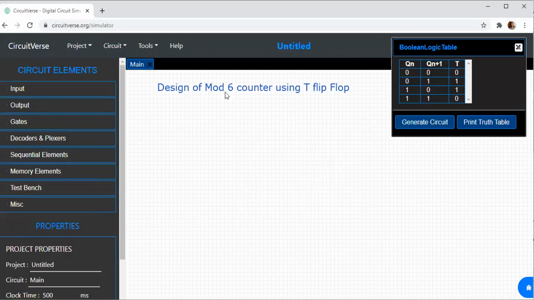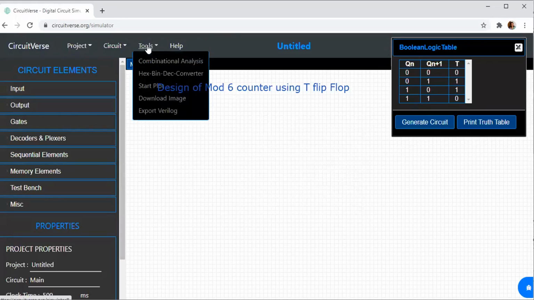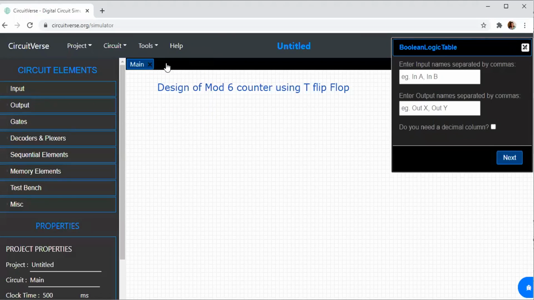Now we are going to design a mod 6 counter. The number of bits required for mod 6 counter is 3 bits. So we require 3 flip-flops, and we have to write down another truth table for 3 flip-flops. I'll have QA, QB, QC as the input.